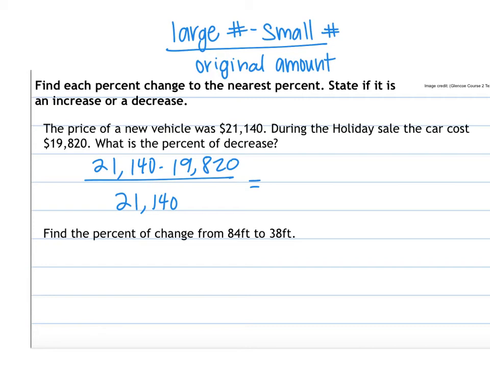So 21,140 minus 19,820, which is 1,320 over 21,140.